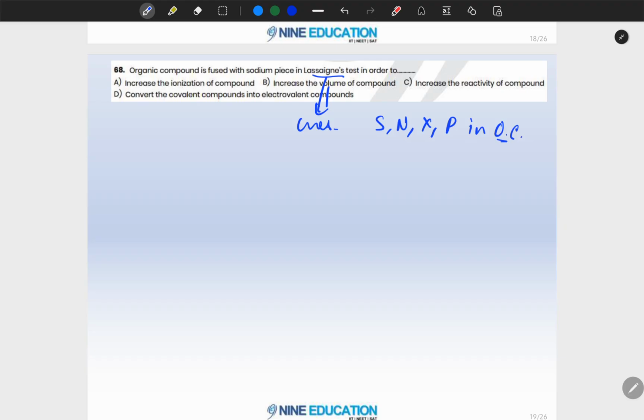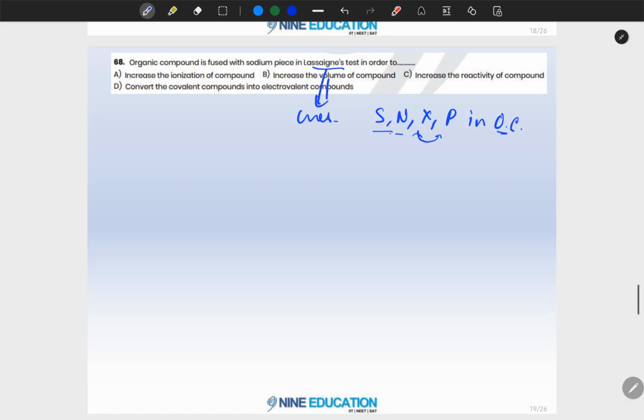In organic compounds, sulfur, nitrogen, halogen or phosphorus will be attached with the help of covalent bonds. So basically I need to convert these covalent bonds into ionic bonds. So I have to use sodium, then only this covalently bonded sulfur, nitrogen, halogen or phosphorus will be converted to ionic bonds.